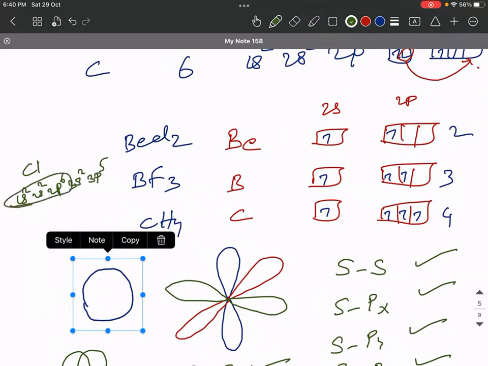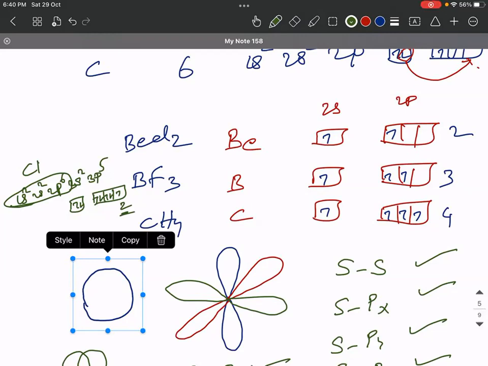So leave the 3s orbital; in the 3p orbital, 1, 2, 3, 4, 5, one electron is unpaired, so a pz orbital is there. Now the p orbital is going to overlap with the s orbital, and the p orbital with the p orbital.